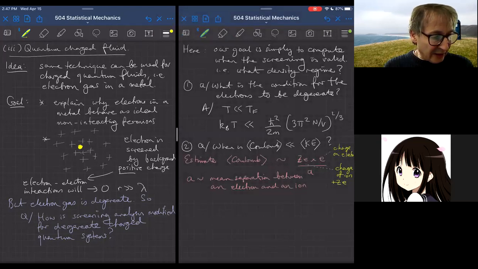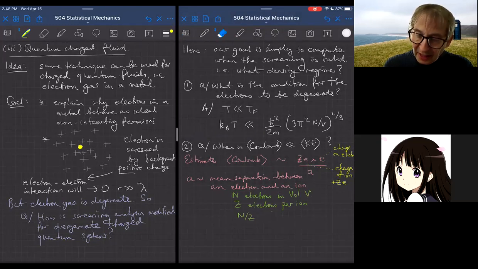I'm going to say that there's n electrons in volume V. Okay, we have Z electrons per ion. If that's its valence state, and so therefore I have n over Z electrons. No, not electrons, ions. n over Z ions per unit volume.